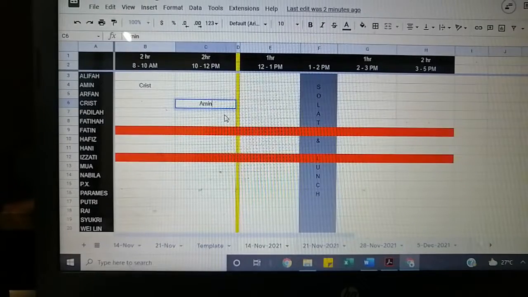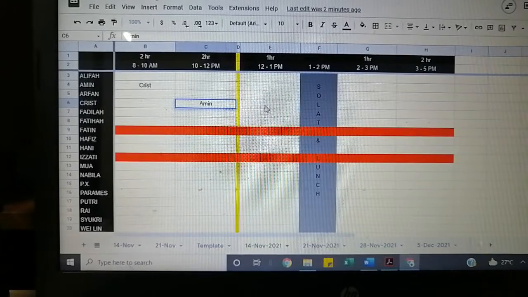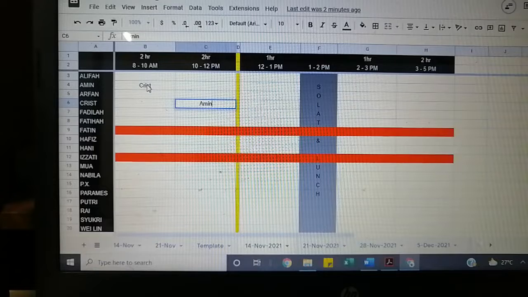Now we have two scenarios. The first scenario is that both Amin and I scan each other pretty slowly. For example, I took 2 hours to scan only the abdomen of Amin, and Amin also took 2 hours to scan my KUB only. Since we are both very slow, we can continue into the afternoon session. I scan Amin in the morning, and then Amin scans me in the second session.